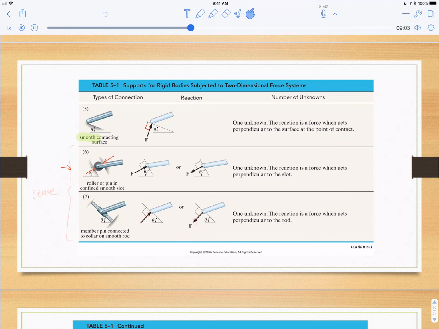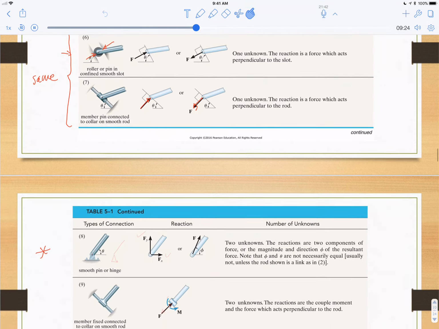A smooth collar on a rod will be like this. It's the same thing. There's no reaction along the rod because there's no friction, so you could have this reaction coming up like this or down like this. These two are the same.